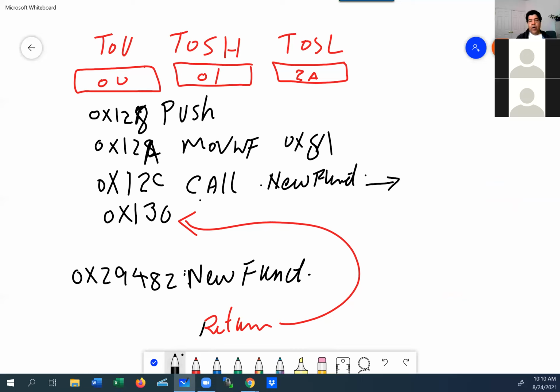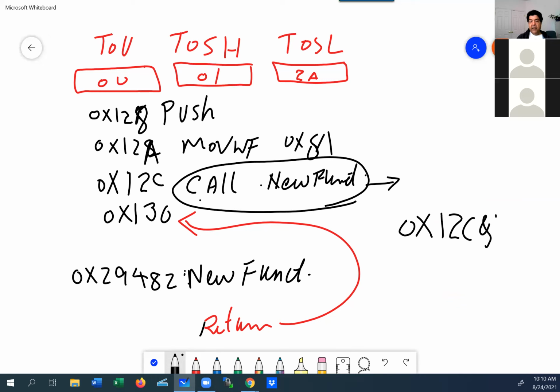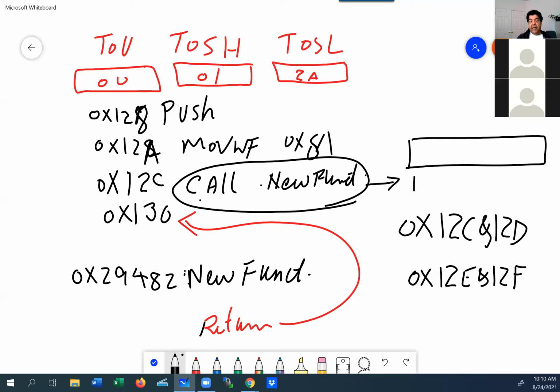It says, what will end up in program memory location 0x12c and 12d, and what would end up in location 0x12e and 12f, if this is the call we are making? If you remember, call actually has 2 words, and 2 words get shoved in there. So it's basically asking you to find out what the 2 words are that are going to end up here.